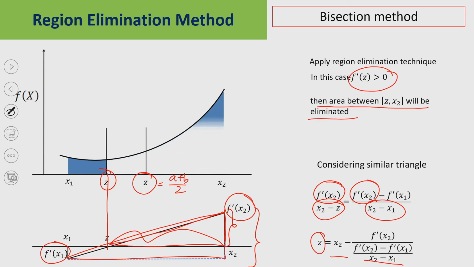I can eliminate this region. In this case, apart from the sign of the derivative, we have also considered the magnitude of the derivative and we can eliminate some more region. And this will certainly be more efficient than the earlier method.